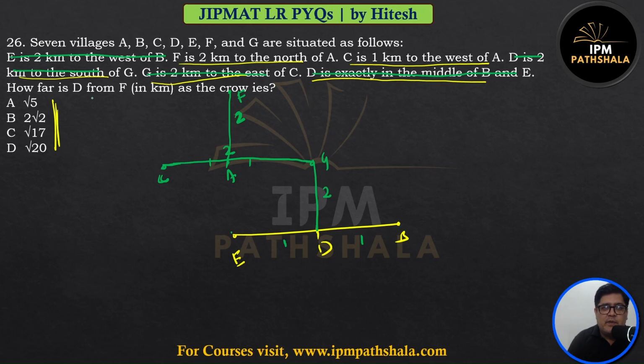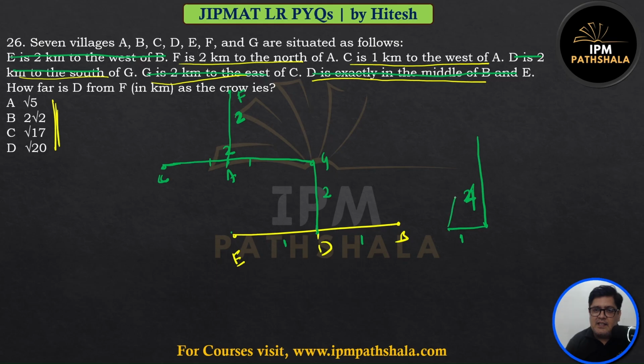What is the distance between D and F? When you are at D and want to go to F, you have to travel 2 kilometers up and 2 kilometers up. And from D backward, this is 1 kilometer. So 4 kilometers up and 1 kilometer backward.